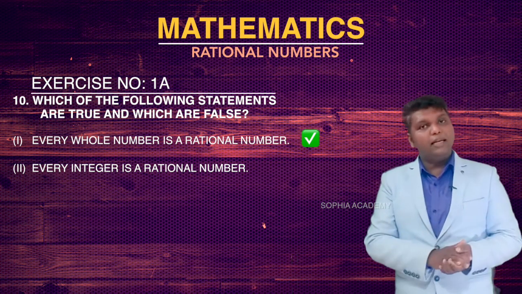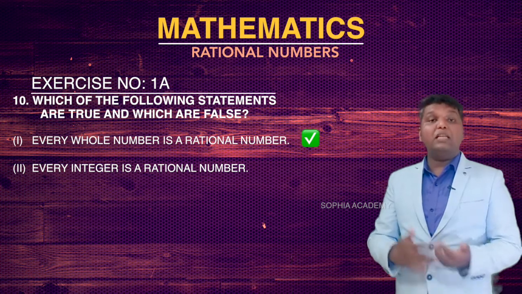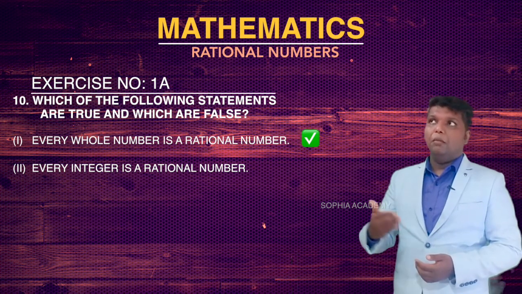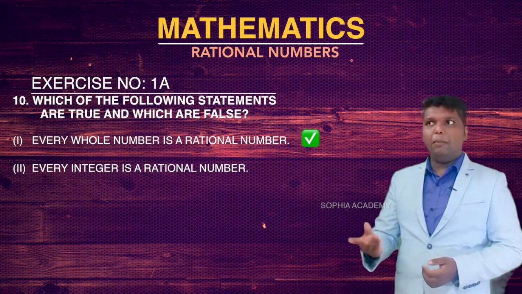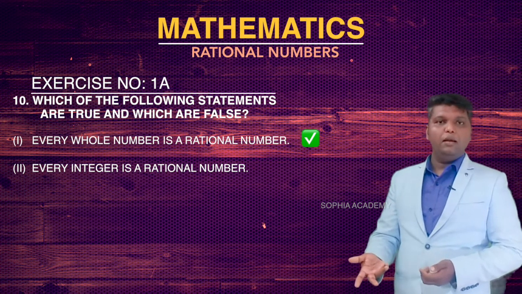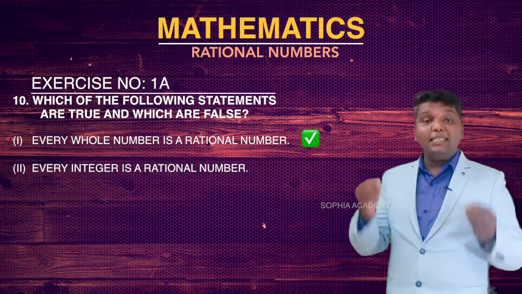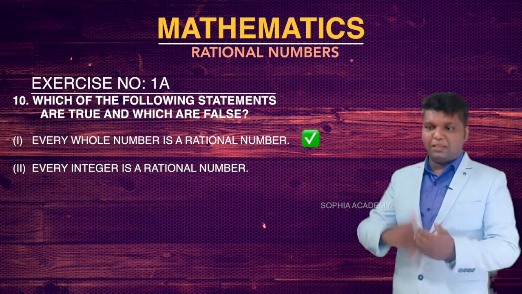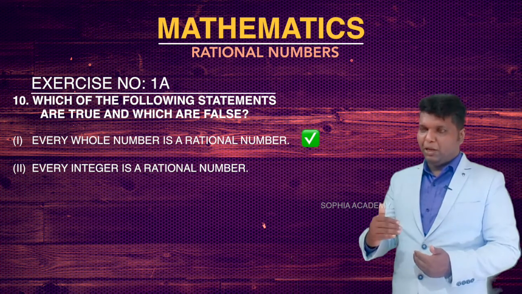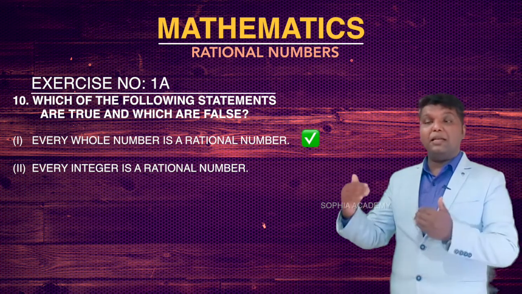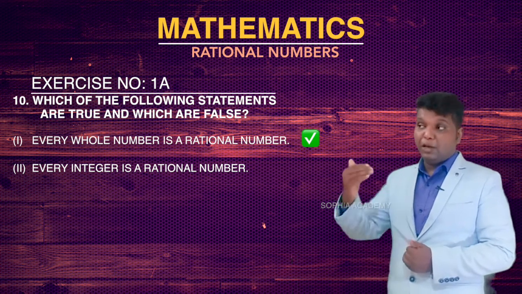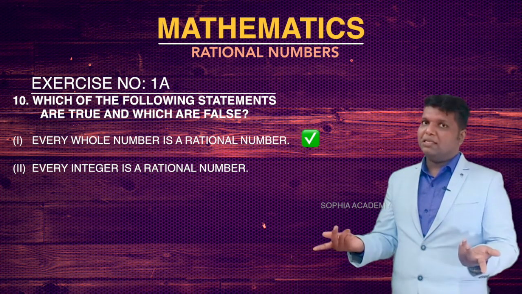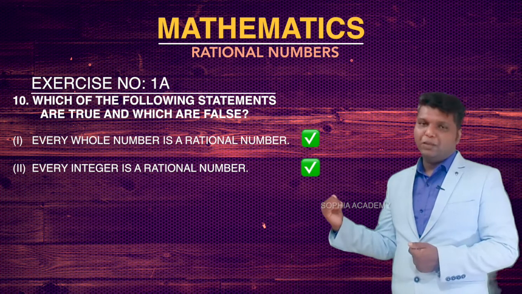Can minus 1 be represented as a rational number? Minus 1 by 1. Yes. What about minus 2? Minus 2 by 1. Yes. That means each and every integer can be represented in the form p by q, that means numerator divided by denominator. So this statement is also true.